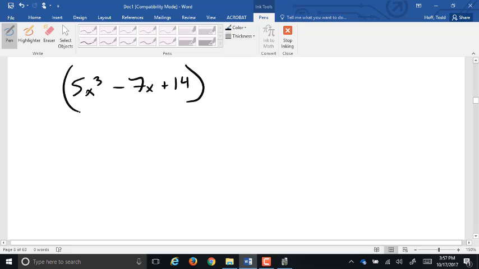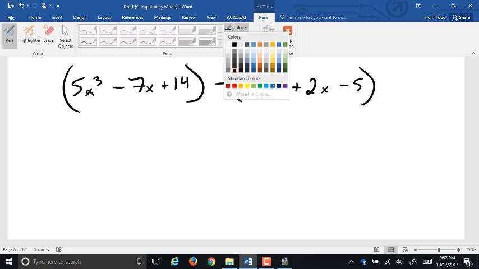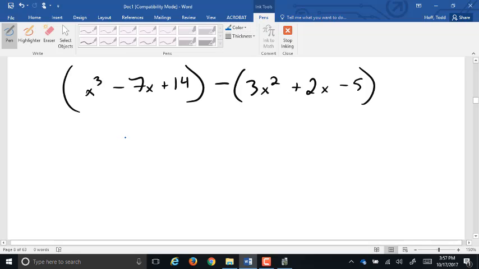So we have 5x to the third minus 7x plus 14 minus 3x squared plus 2x minus 5. Now again, when we go to write this out, what do we notice is missing? X squared. So once again, we have to fill in 0x squared.